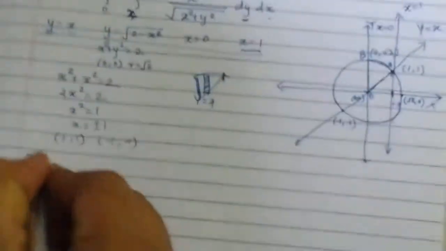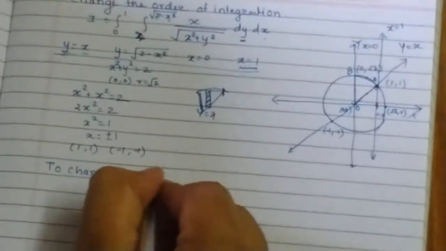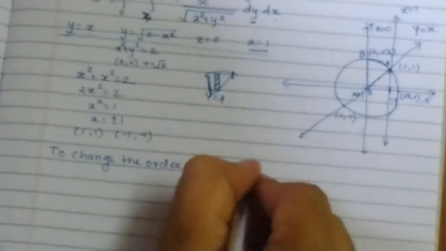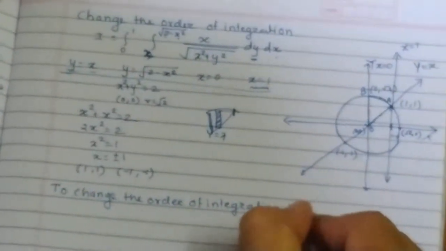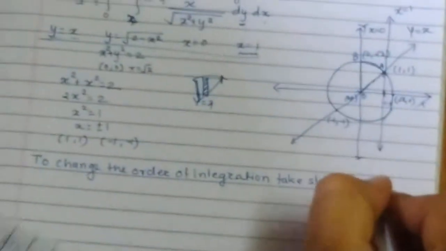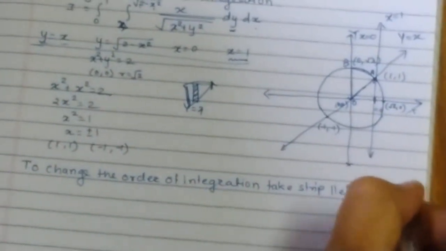Now to change the order of integration, take a strip parallel to the x-axis. That means you are going to consider a horizontal strip.